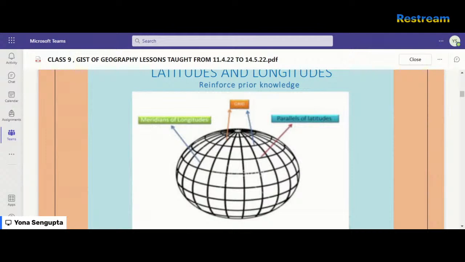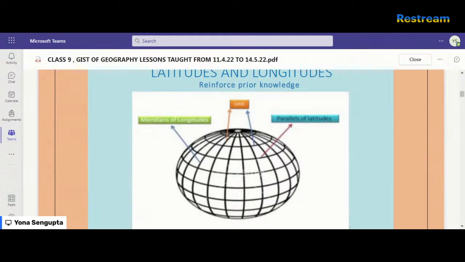This helps us to spot the location of any place anywhere on the earth.